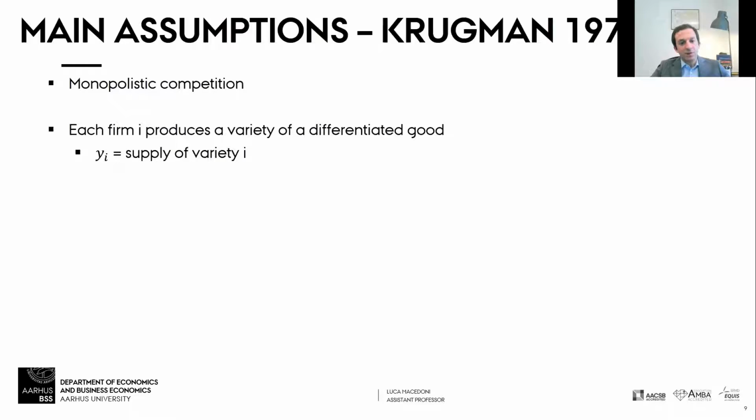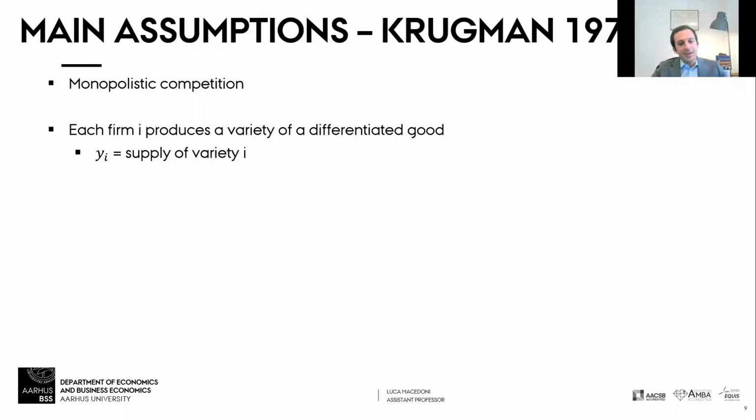Now, each firm is going to be indexed by i, by the variety that it produces, and it produces one variety. Obviously, there are models these days with multi-product firms, but we're going to talk about that in the very last lecture of this course.